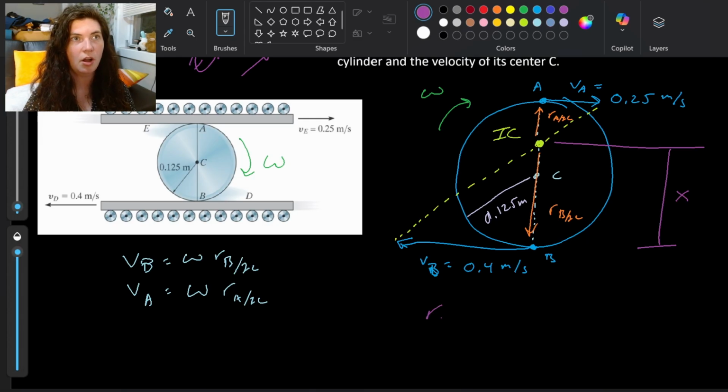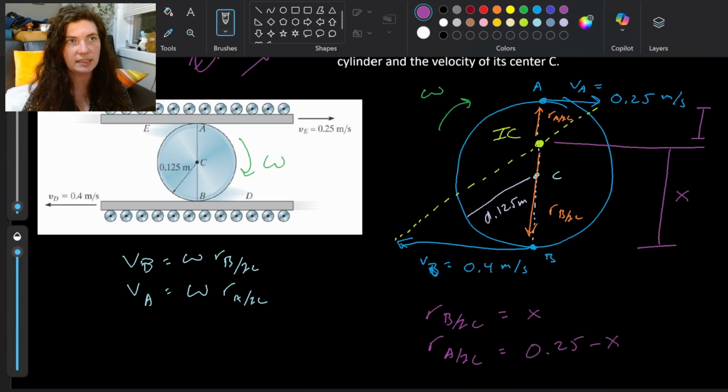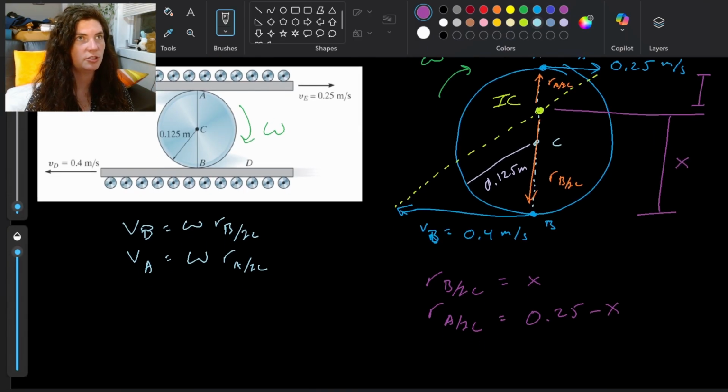So for example, R of B with respect to IC, I can see that that total distance is going to be X, as I've called it here. And R of A with respect to IC is the overall diameter of this cylinder minus X. We're given a radius of 0.125, so my diameter is double that, 0.25 minus X. I'm going to plug those into my equations and see how far I can get.